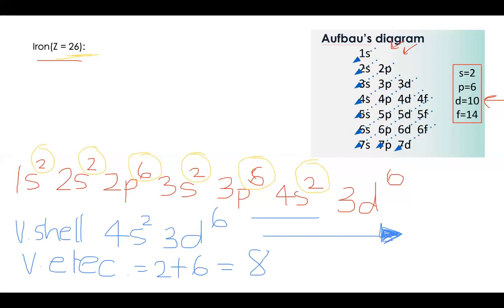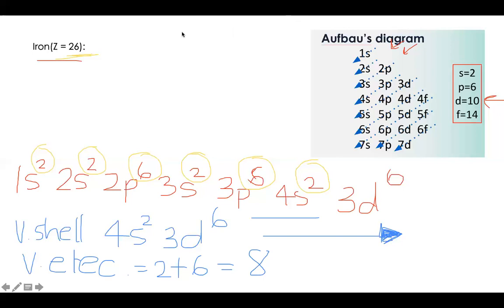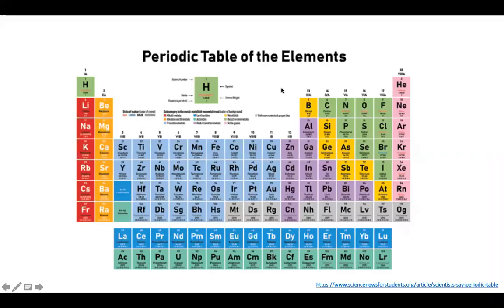But now, how can we relate the position of the element in the periodic table just by having the valence shell? That's what we are going to look at right now. So we have here the periodic table.